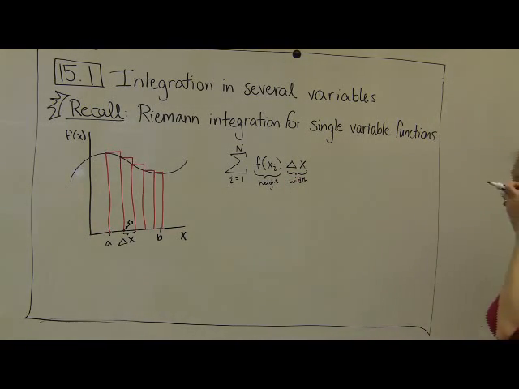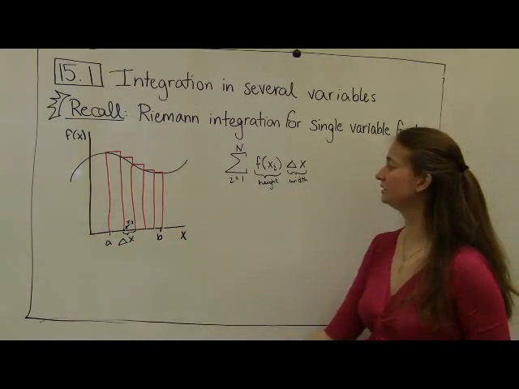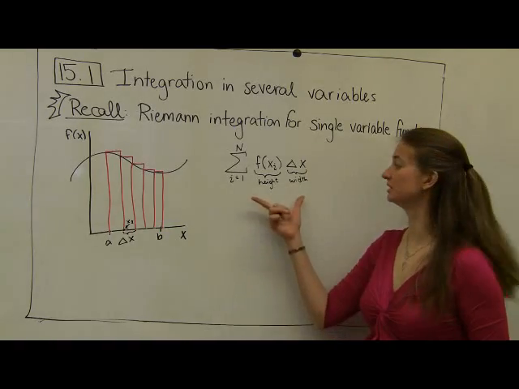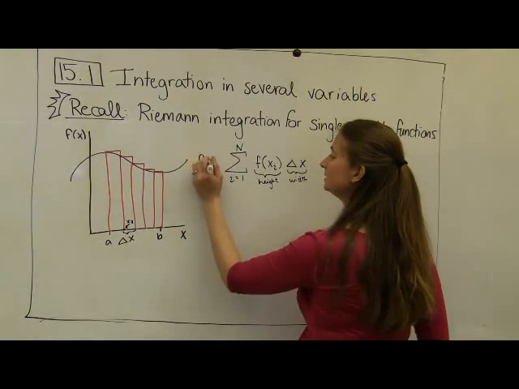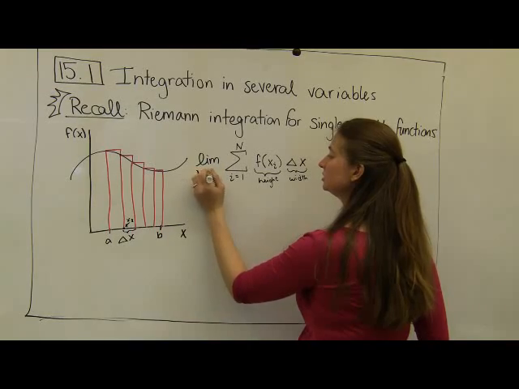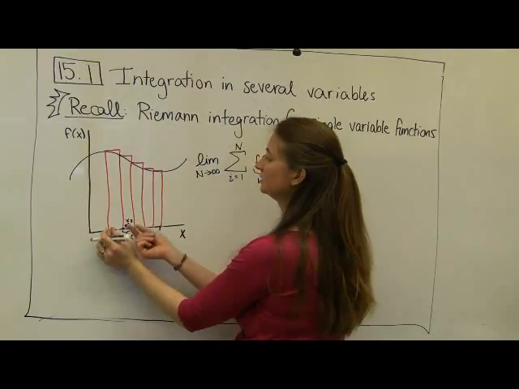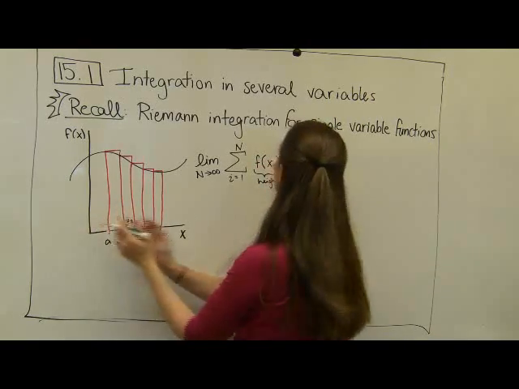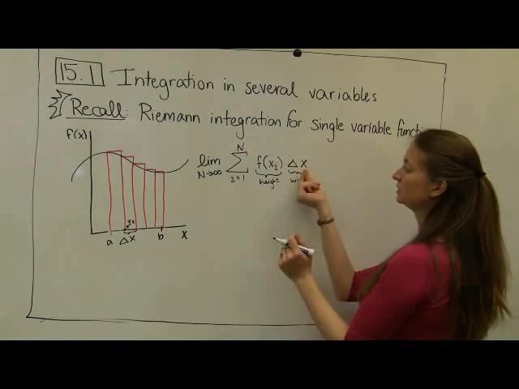And this is an estimation of the area under the curve from a to b, but obviously we don't want just an estimation, we want to make this more exact. So Riemann integration tells us that we're going to take the limit as n goes to infinity, meaning that we're going to make more and more and more of these rectangles. And as we get more and more of these rectangles, our little width of the rectangle is going to get smaller and smaller and smaller.